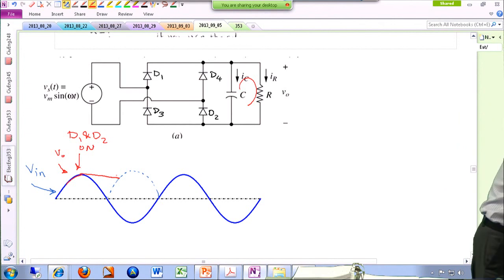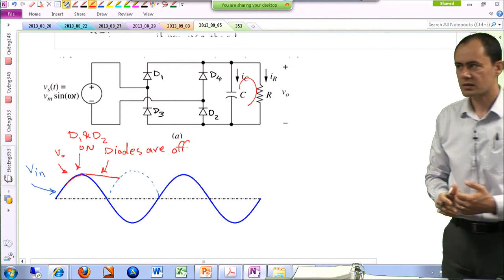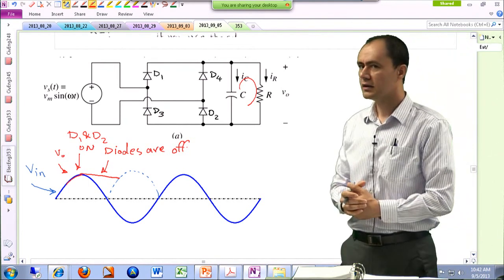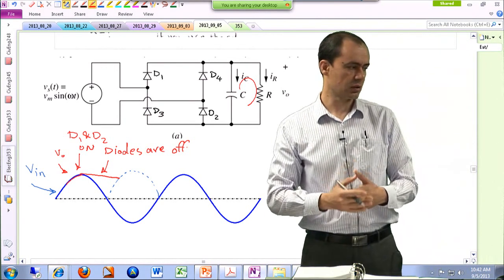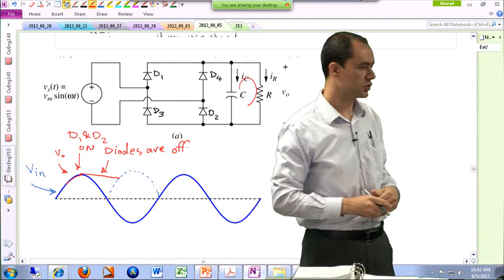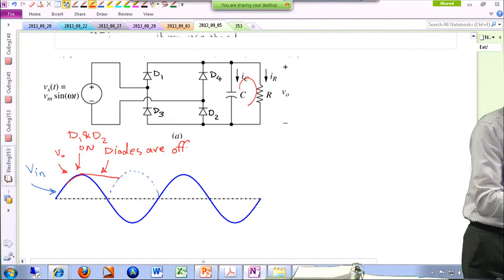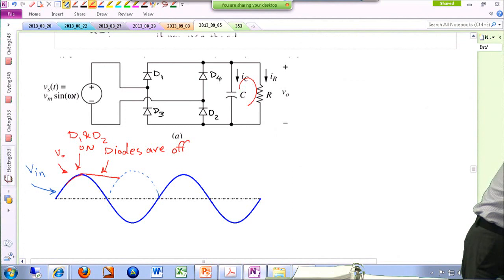So here all diodes are off, until the negative value of the input voltage tends to get larger than the output voltage. In that case, D4 and D3 are going to turn on. So this is when D3 and D4 are on.